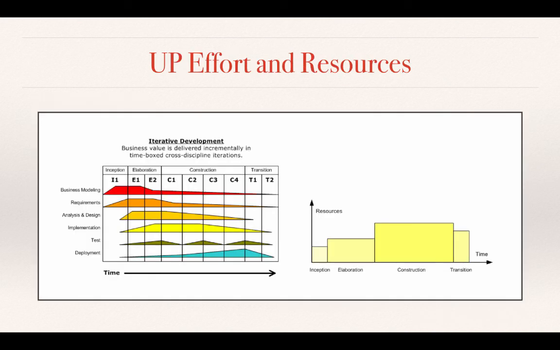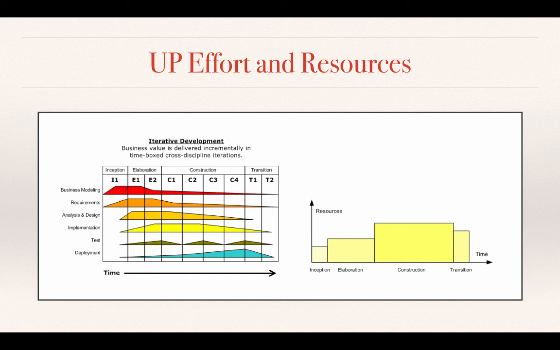To emphasize this, here's an iterative example of a unified process. In the figure on the left, the inception phase only involves one iteration, I1. The elaboration phase involves two iterations, E1 and E2.